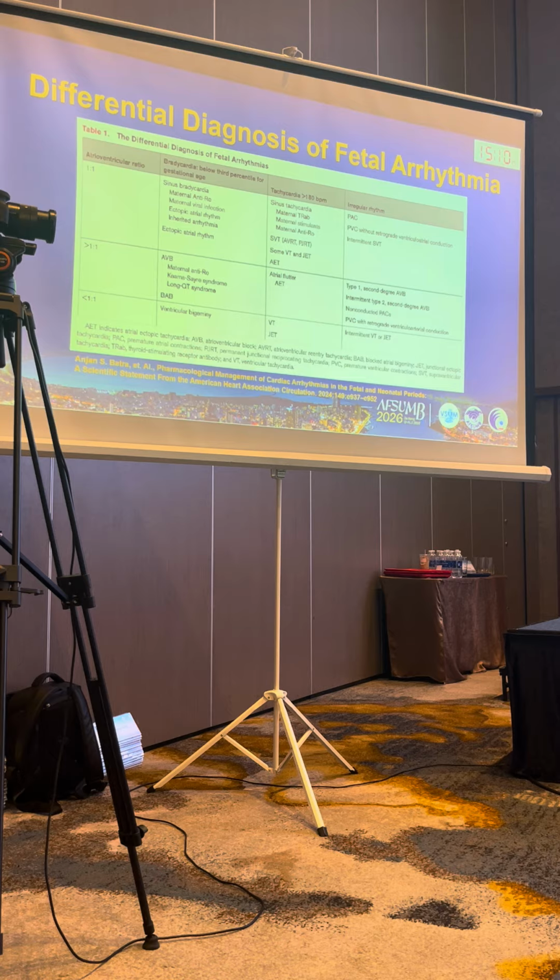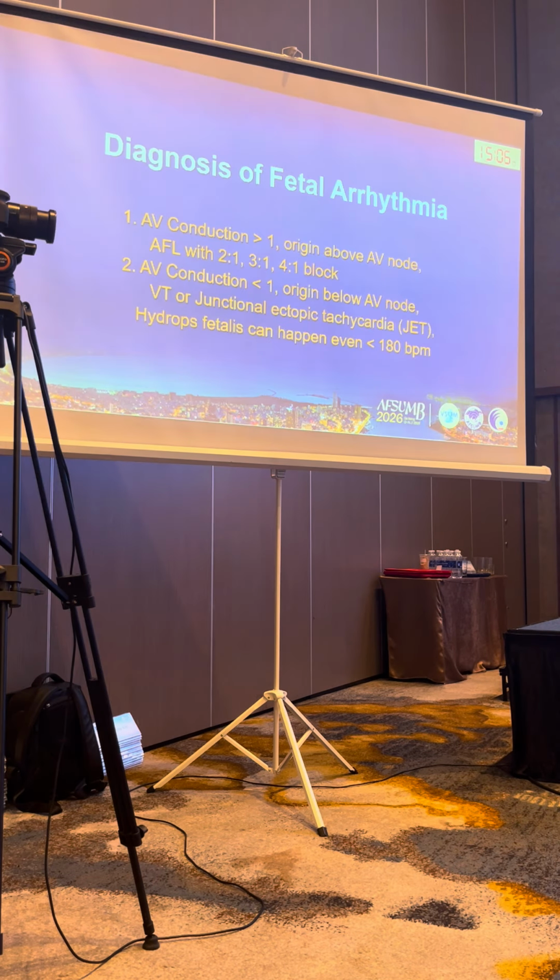All of the fetal arrhythmias we can diagnose with this column. If the AV conduction is more than 1, the origin is above the AV block. If the AV conduction is less than 1, the origin is below that. Even below that, such as junctional ectopic tachycardia, hyperthyroidism may happen.